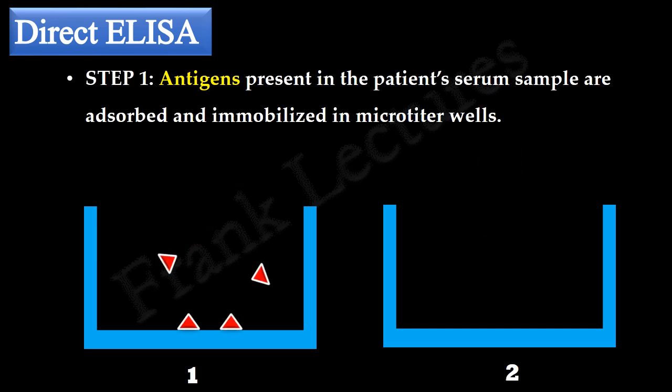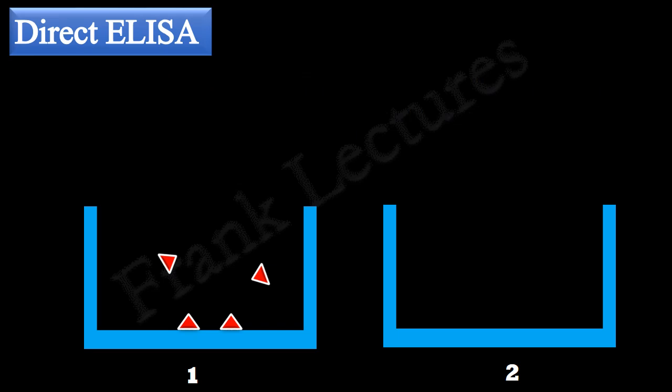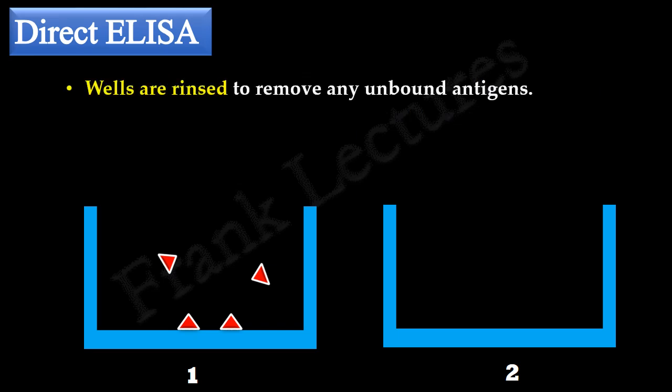No adsorbed antigens are shown in well 2 because the target antigen is absent in the serum sample of patient 2. Note that we are not showing other antigens present in the serum of patients. Both these microtiter wells are rinsed to remove any unbound antigens present in the well.